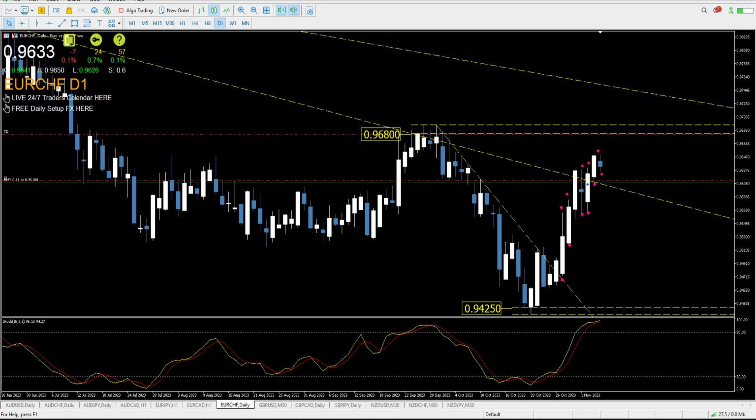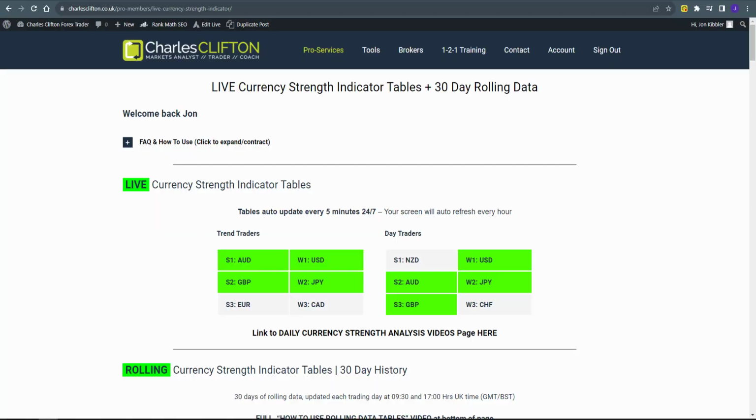We had an early warning sign. First of all, if we go look at the tables, we can see that Euro is still on the tables, but only from a trend trading perspective. It doesn't have any confluence over here with the day traders table. The Swiss franc has moved from W1 down to W3 and doesn't hold any confluence on the trend traders anymore.